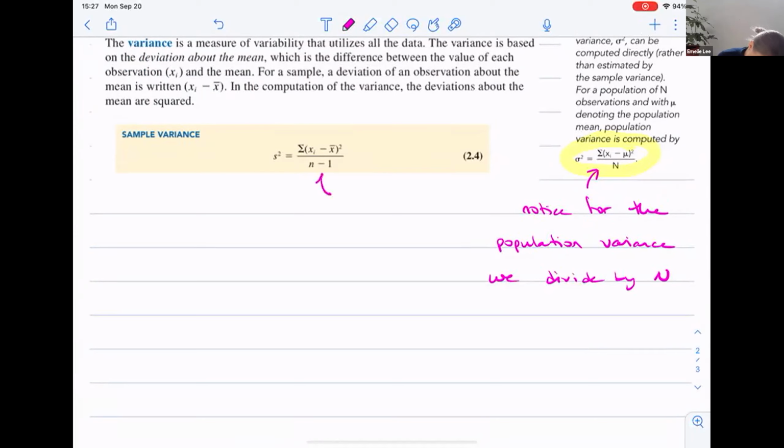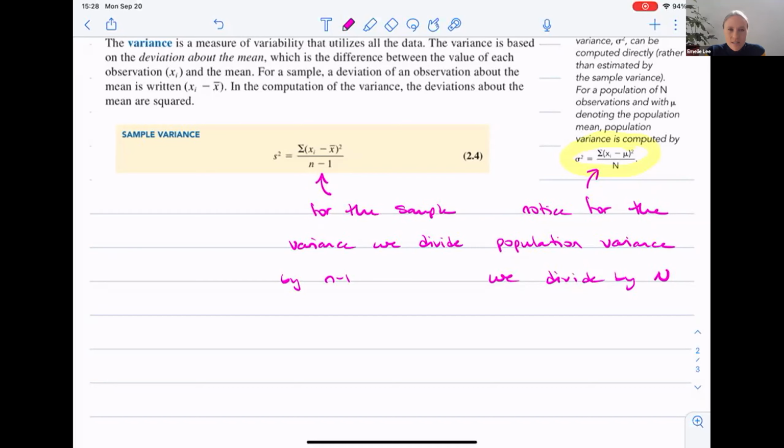Versus here, for the sample variance, we divide by n minus 1.